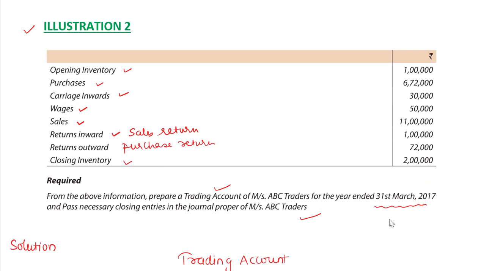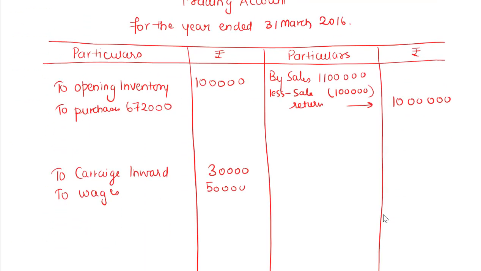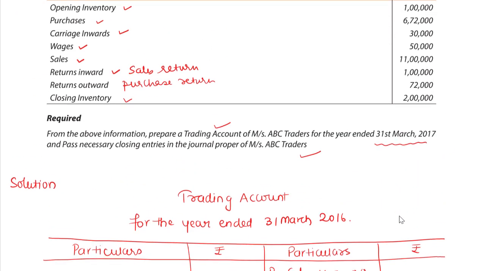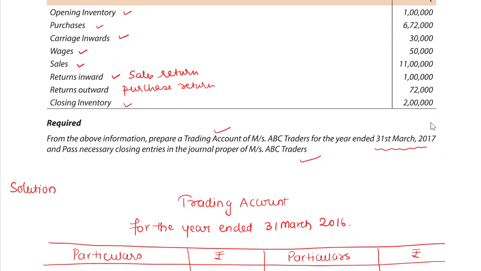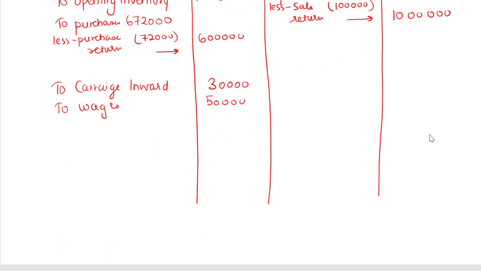Return outward, purchase return is 72,000. Less purchase return 72,000. So it is 6 lakh over here. Closing inventory is 2 lakhs. We'll write closing inventory over here. By closing inventory 2 lakhs.